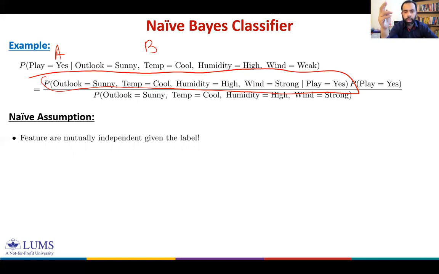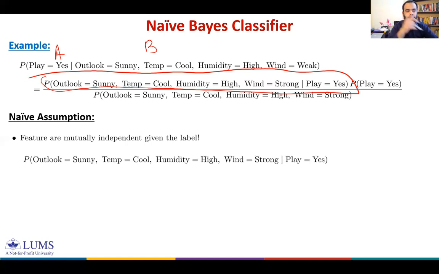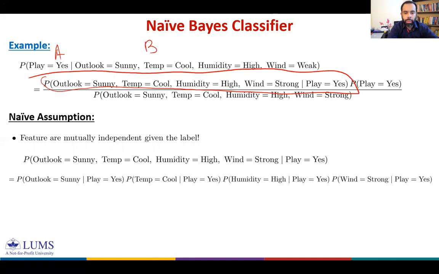As we said earlier, mutual independence implies pairwise independence. It simply means we can write the probability of outlook is sunny, temperature is cool, humidity is high, and wind is equal to strong, given play is equal to yes, as a product of four individual probabilities, exploiting the independence between the features.